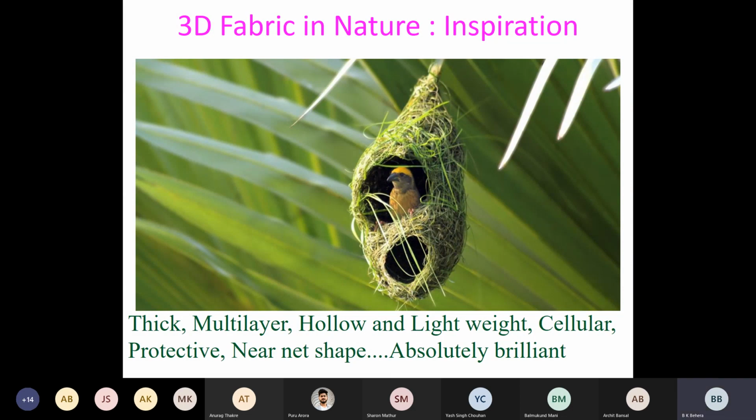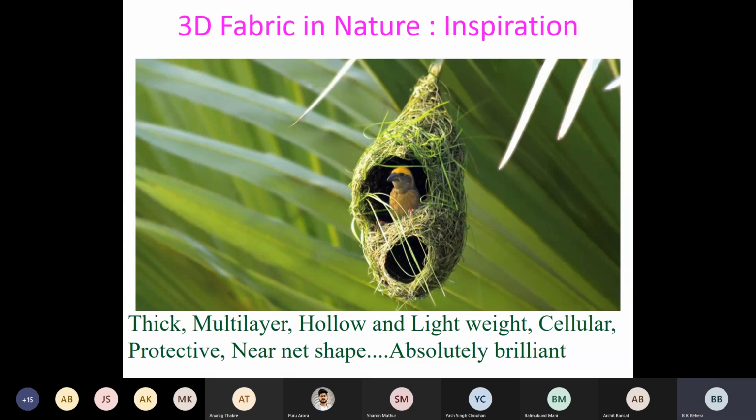Look at this, it is a 3D fabric, and this 3D fabric takes many concepts. It is not only a thick multi-layer, it is also cellular, two layers of cells.